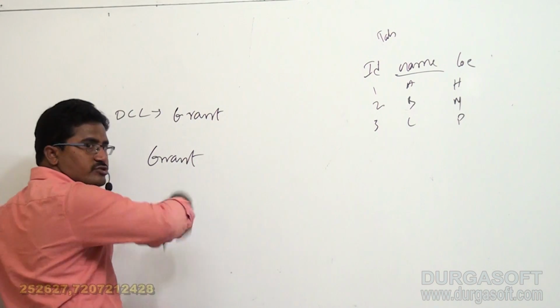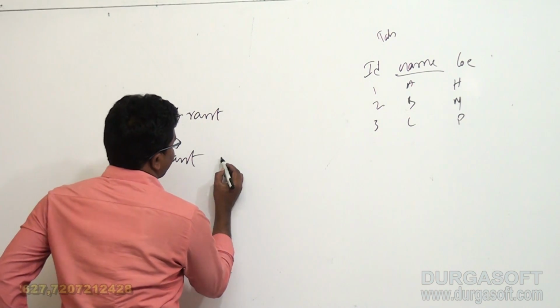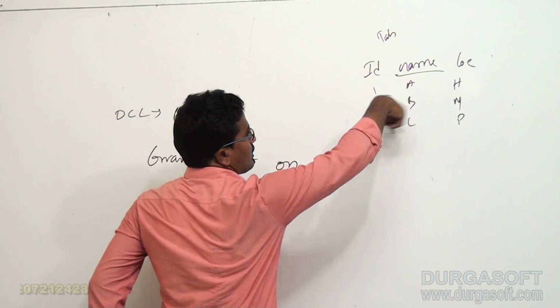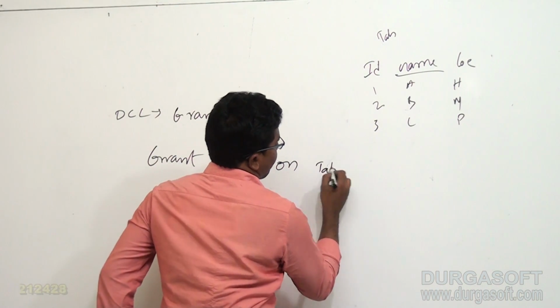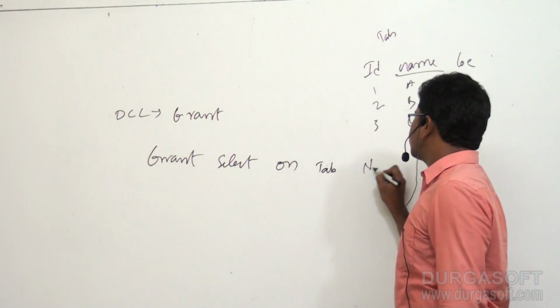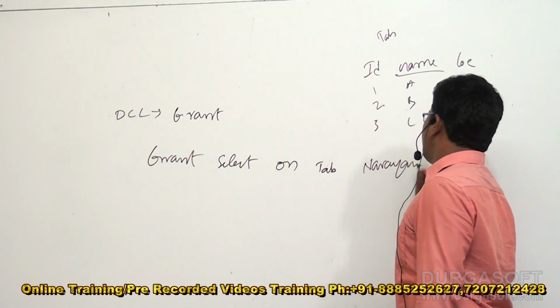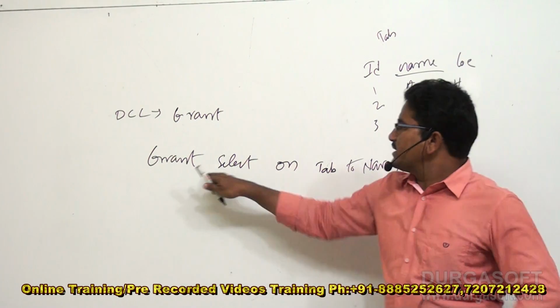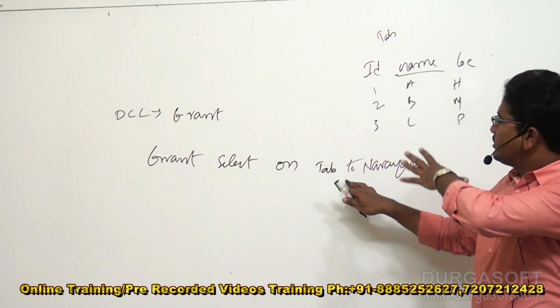He gives me permission on the select statement. Grant select on this table, on tab, to whom? To me, a username, for example, Narayana. Grant select on tab to Narayana.